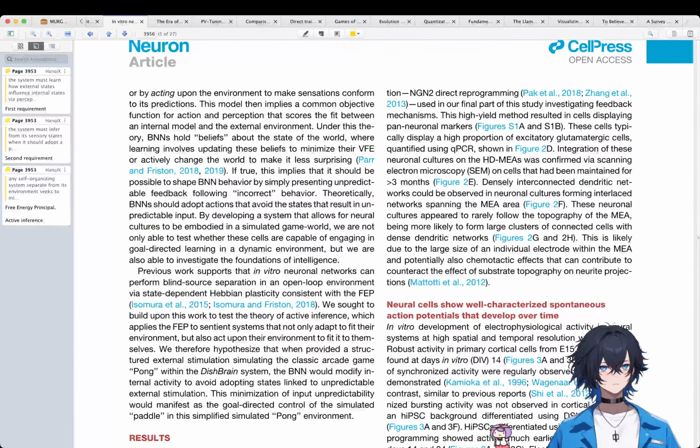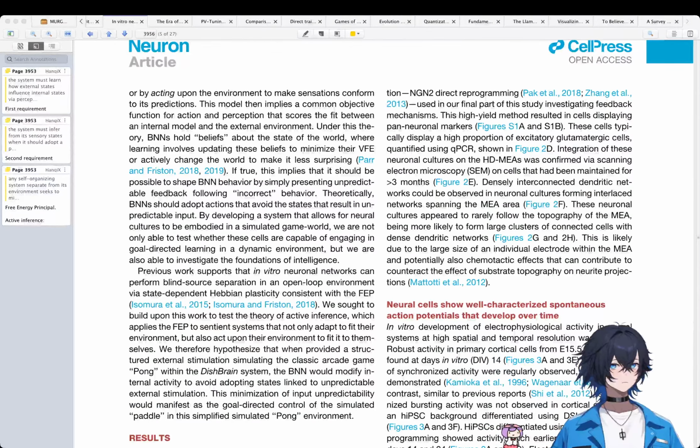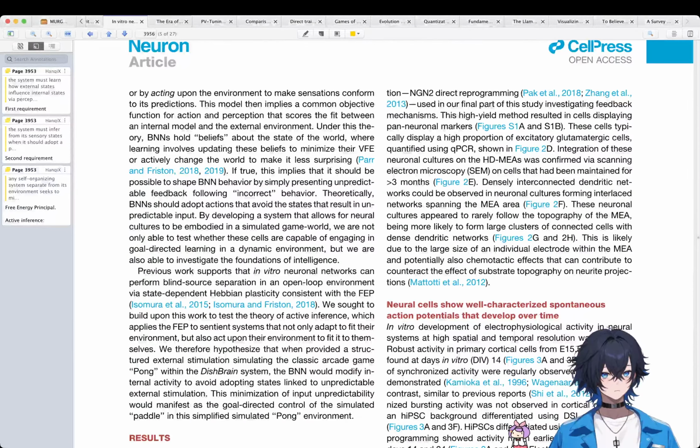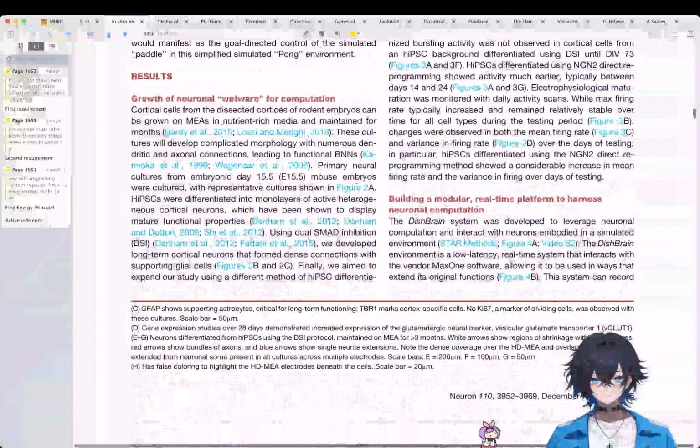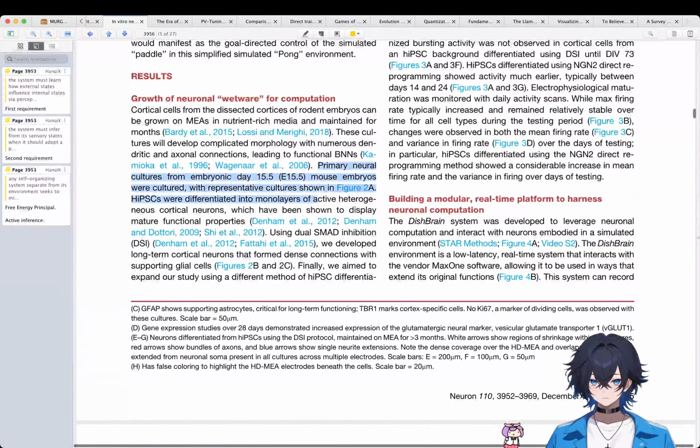Okay. That's a good correction to make. Training rat neurons to play pong. Okay.